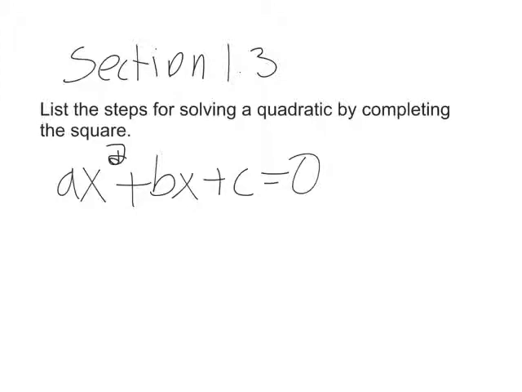Okay, that may just be a 1. But if you do have the A there, what you're going to do first, and this should be your first step that you write down, is you're going to divide through by that coefficient on the x squared term. Okay, so that'll be your first step.